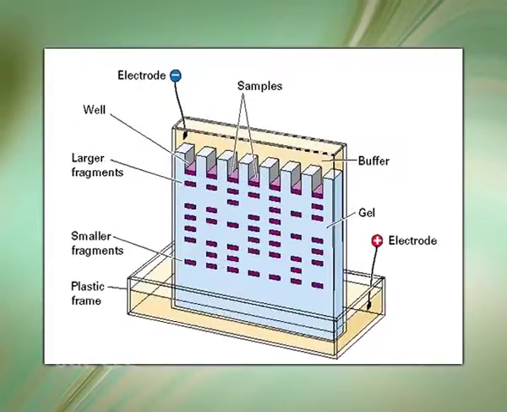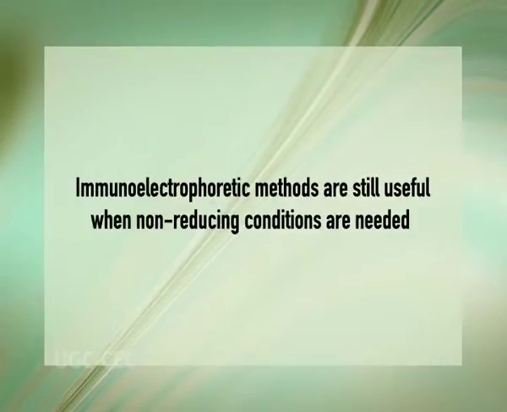In addition, proteins are separated by gel electrophoresis on the basis of their apparent molecular weight, which is not accomplished by immunoelectrophoresis, but nevertheless immunoelectrophoretic methods are still useful when non-reducing conditions are needed.